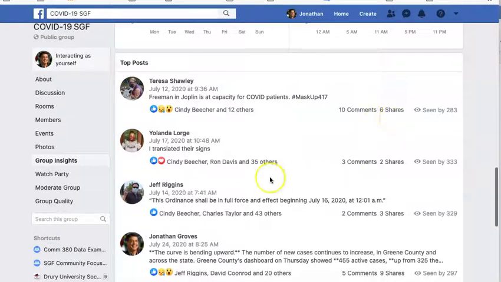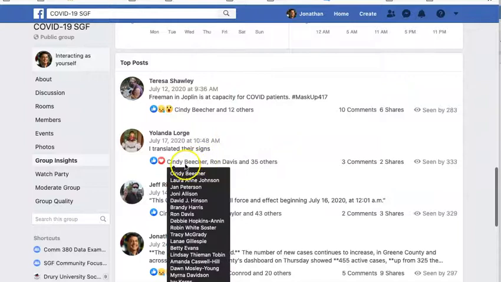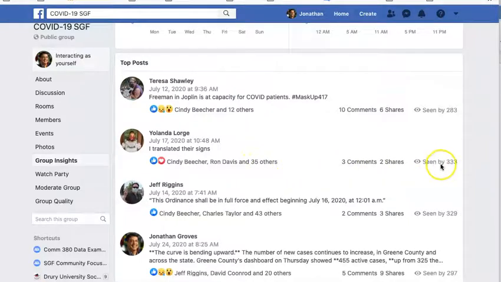Now, I have this post from Yolanda, and what you see is she's got far more engagement on the likes, and she has a lot more visibility. So that may be something that we want to be looking at. So which of these posts was more successful?